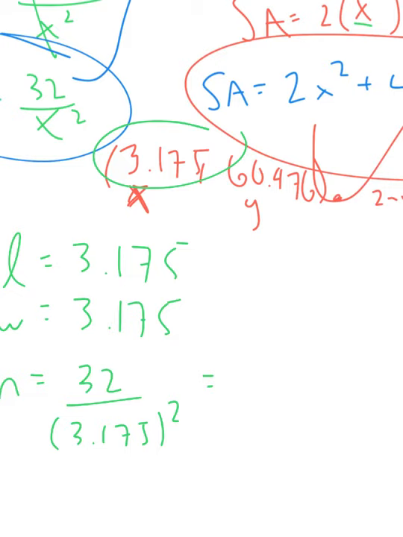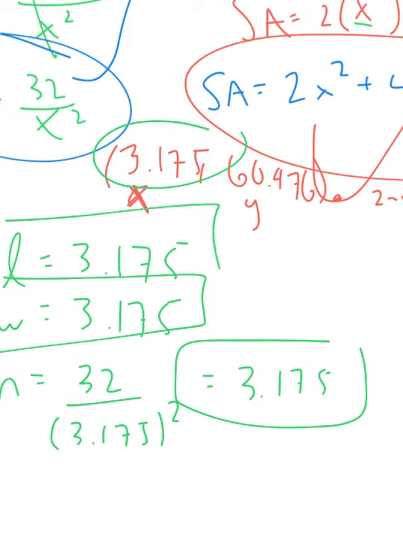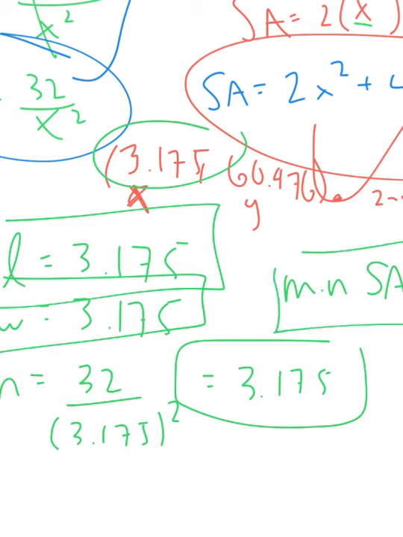And I'm getting a height that's actually about 3.175 as well. So the height, the length, and the width are all the same, and your minimum surface area we saw is 60.476. So those are all the answers you're looking for.